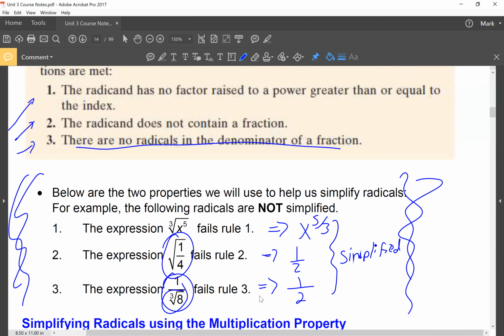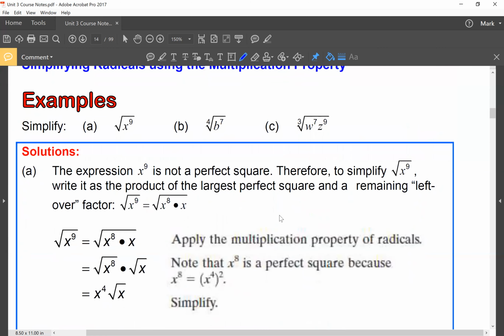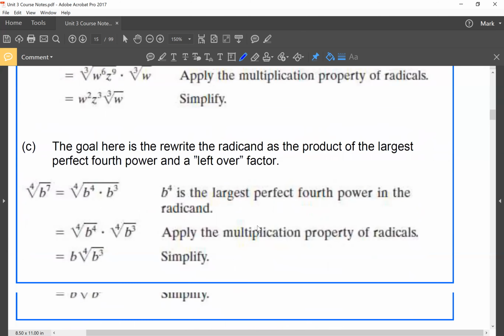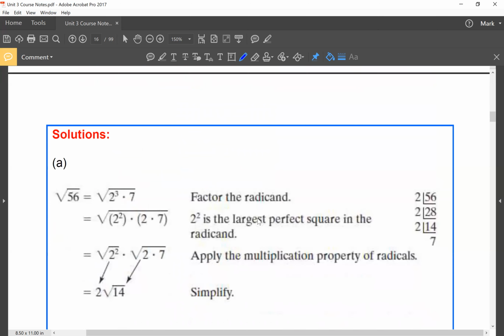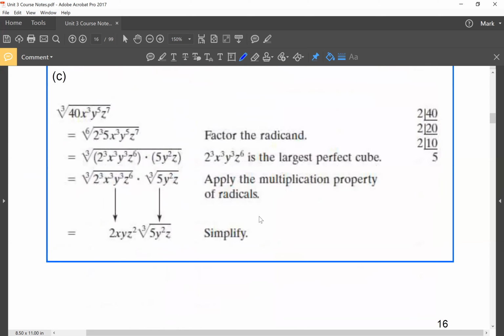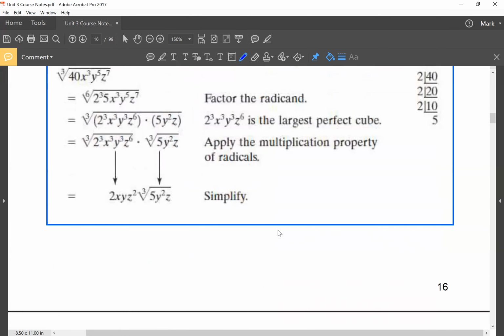So what we're going to do is try to simplify these examples. I'll look at A, B, and C. You can see here there's more examples, another A, B, and C, and then we'll do some practice. You guys will practice, and then that's it.